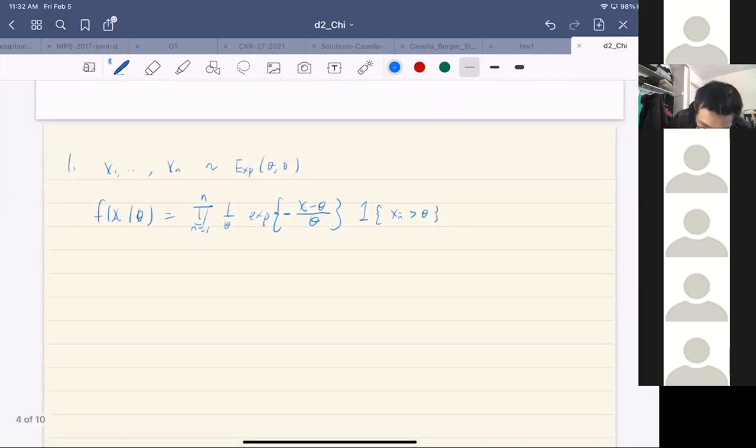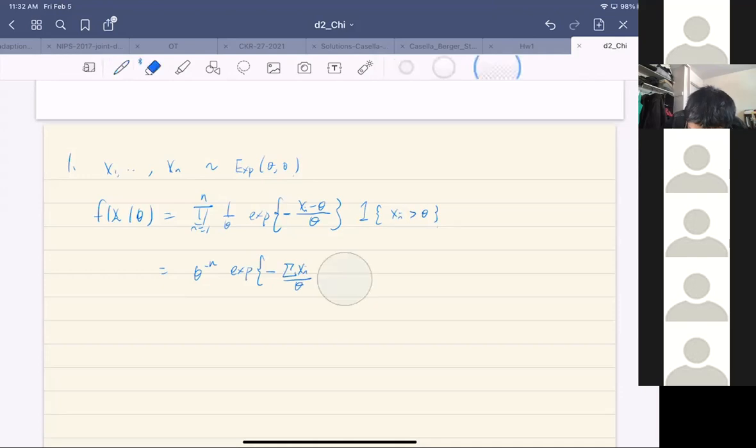And this is equal to theta to the negative power n, exponential negative summation Si divided by theta.